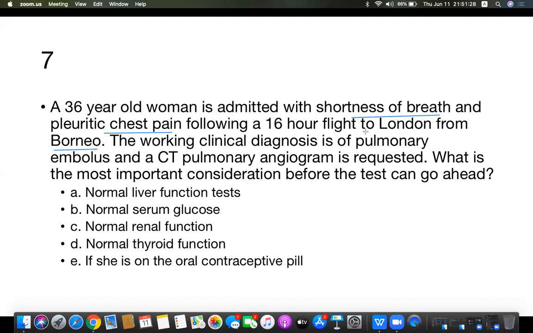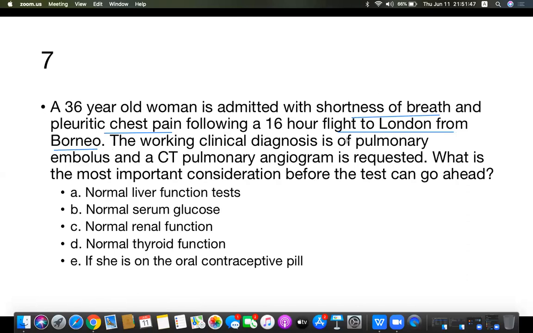Now she has been in flight for a long time. Borneo, if I'm not wrong, is in Malaysia. Okay, Malaysia to London, a long 16-hour flight.